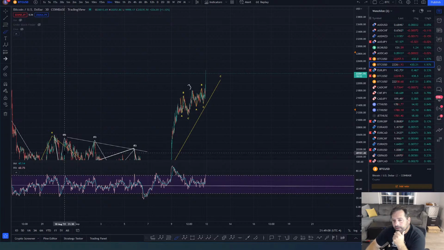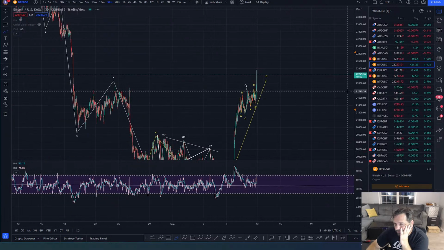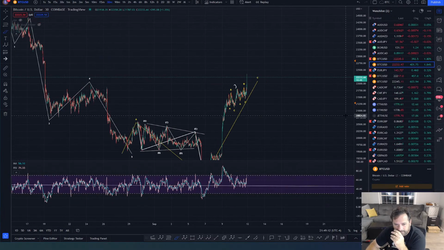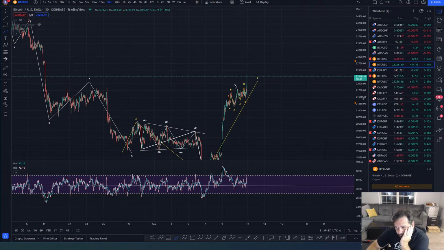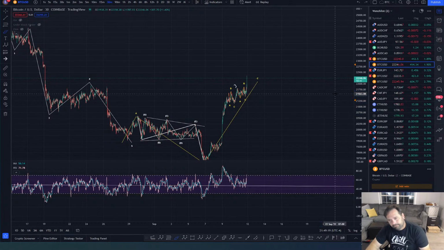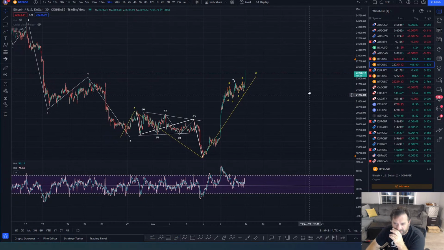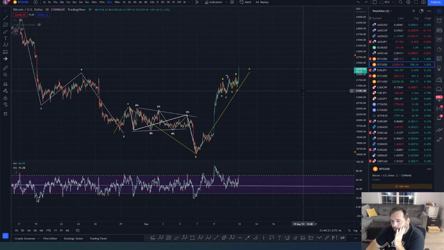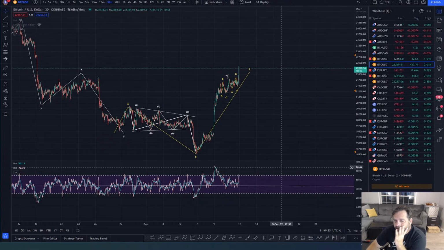So yeah, it's looking great. Where's the invalidation? This wave's going down when it's finished, but we need it to finish.